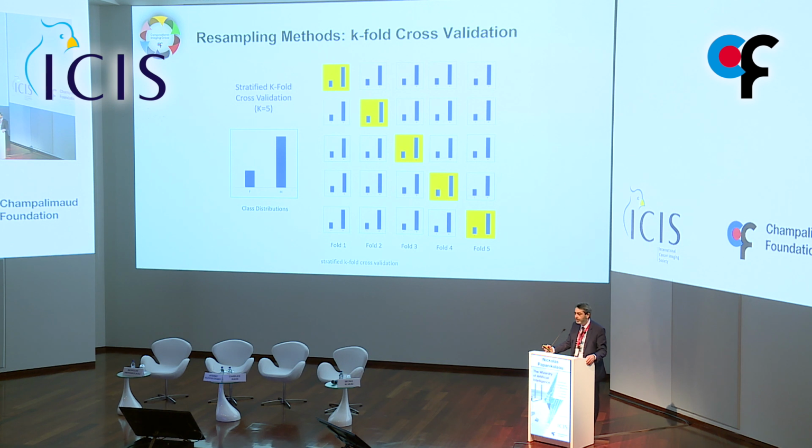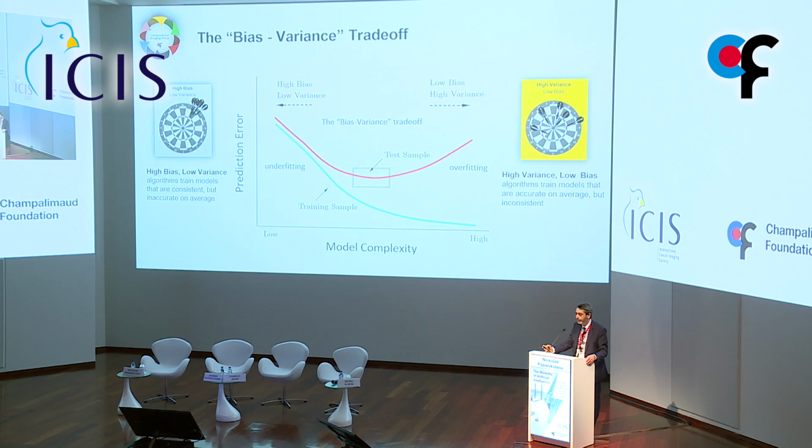Finally, we calculate the accuracy of each individual fold, and we take the average and standard deviation. Now, most of the time you need to perform the so-called stratified K-fold cross-validation, where the relative distribution of the 2 classes in the total data set needs to be respected when resampling.